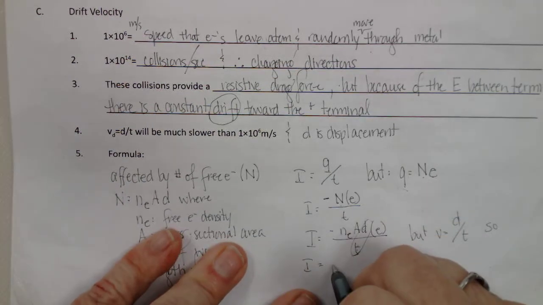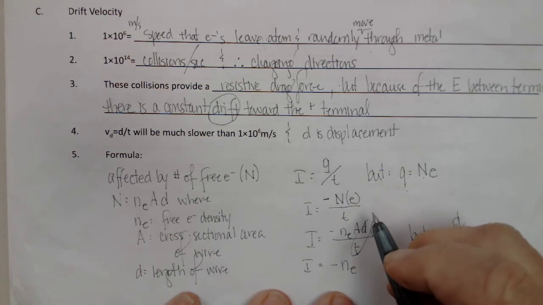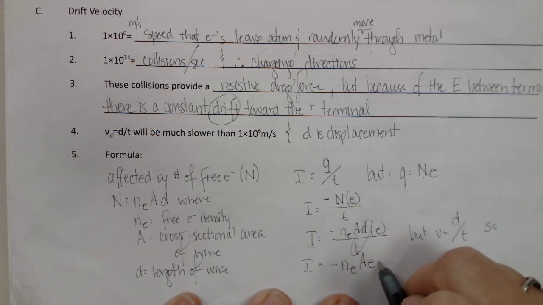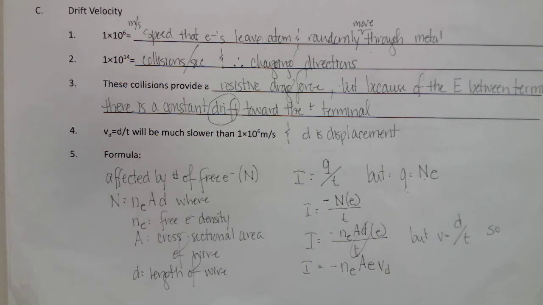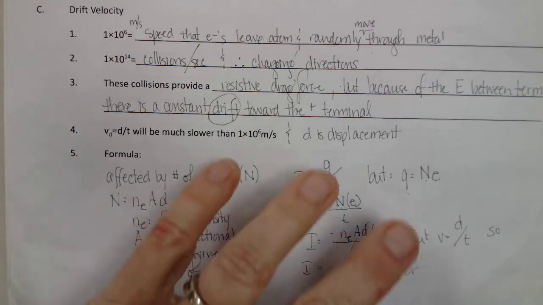So what I have is a negative electron density times the area times the charge on each electron times v, which is my drift velocity. Here is my equation, just showing you where it comes from.